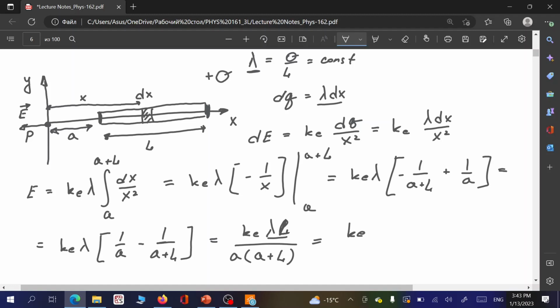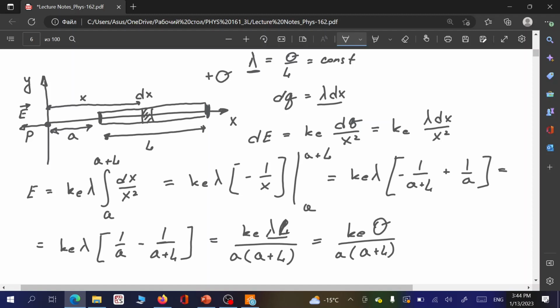So that will be Ke times Q, capital Q, over A times A plus L. So that is the magnitude of the electric field created at this point P by a uniform linear continuum of some positive electric charge Q. So now we know how we determine electric field when we have a point source electric charge, a system of point sources, and a continuum of electric charges.